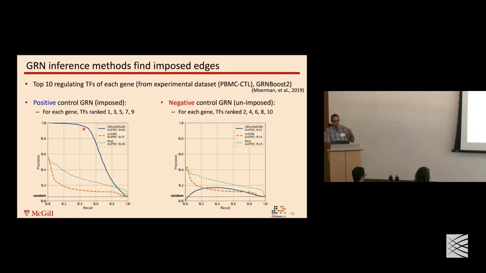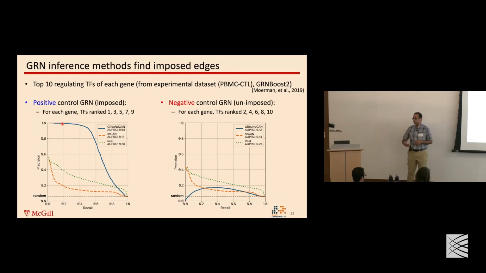But then when we look at GRN-boost2 applied to the simulated data, we see that we get a much higher AUPRC, showing that the importance of the edges that we imposed has increased in the simulated data.